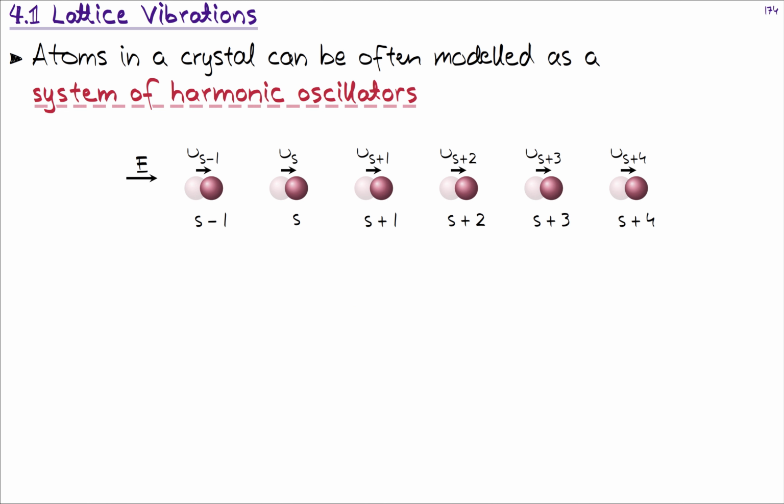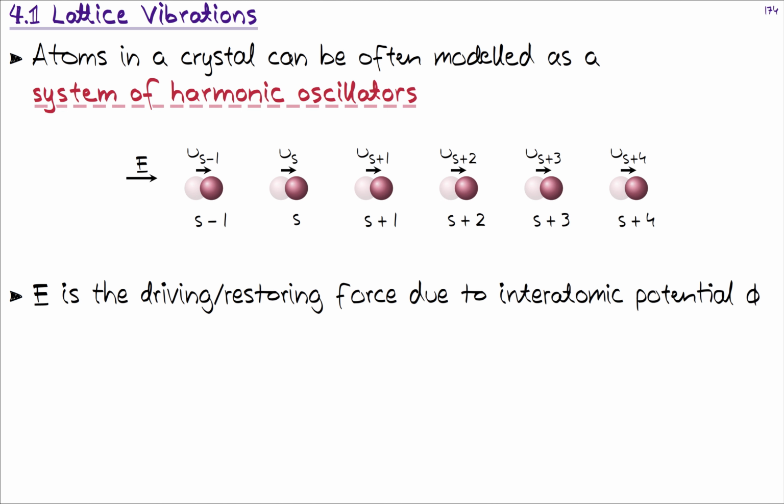So here, F is the driving force, or maybe restoring force might be a more descriptive word here. And this arises from the interatomic potential phi. So in essence, the crystal structure has been formed. We know that the solid has been formed due to the bonding forces and bonds.